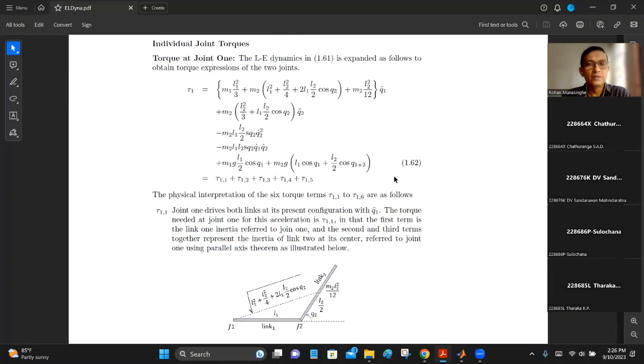And this one for a two-link manipulator clearly explains what the different components are. Now you can imagine if it is a three-link manipulator, there are two links on top of the first link. So there are two centripetal forces, two Coriolis forces, and two acceleration-related torques, like that.